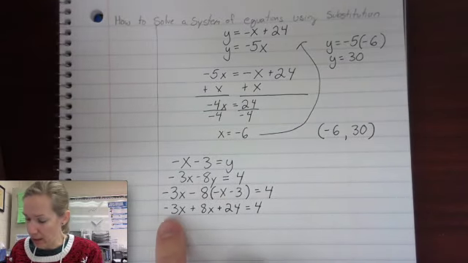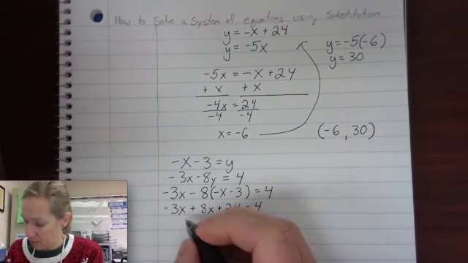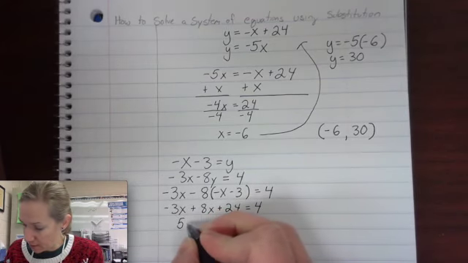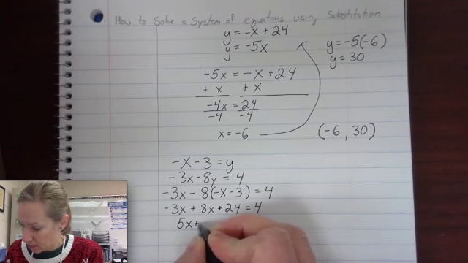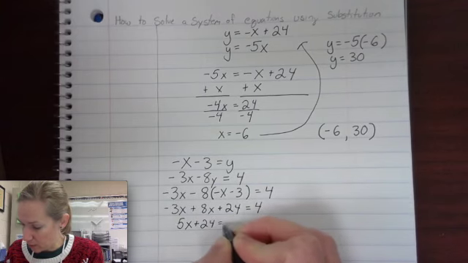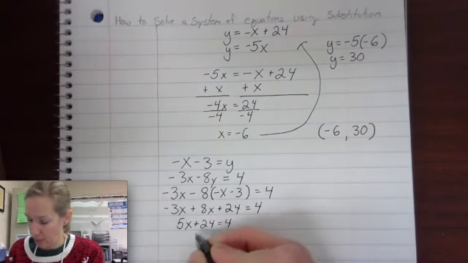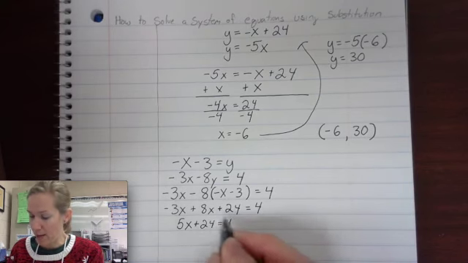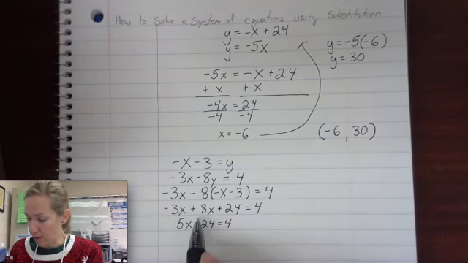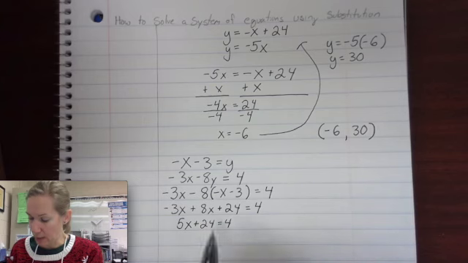Continuing to solve for x, negative 3x plus 8x is 5x plus 24 equals 4.